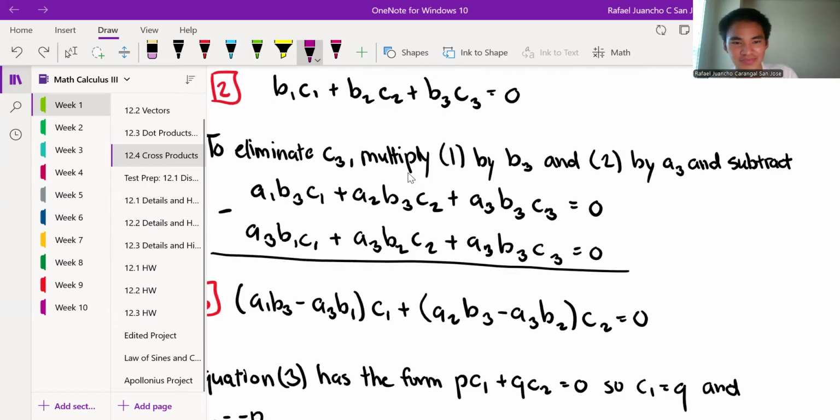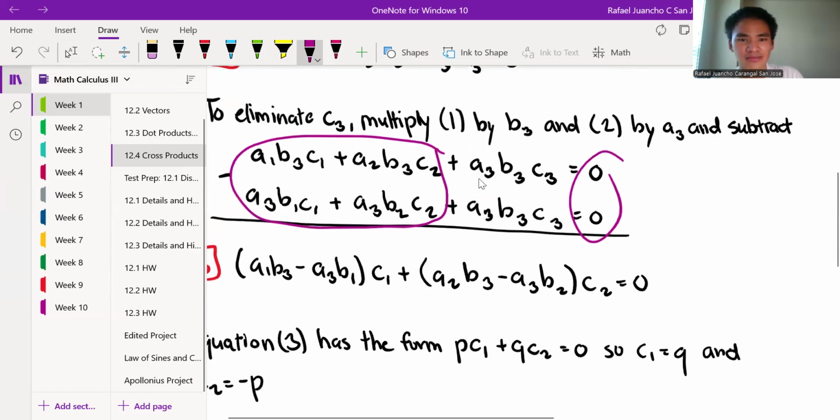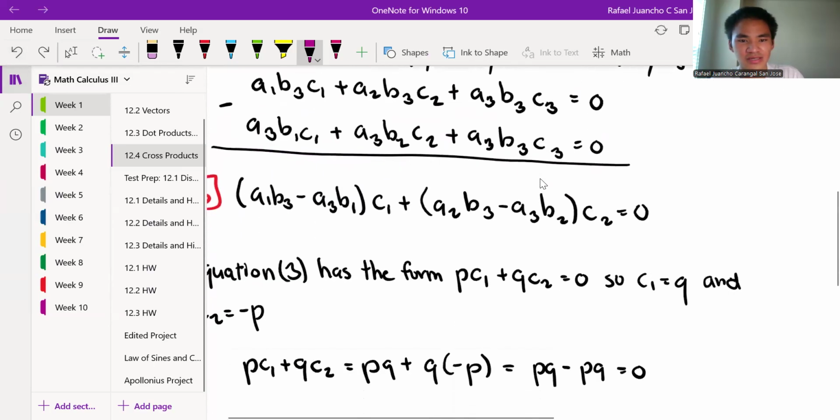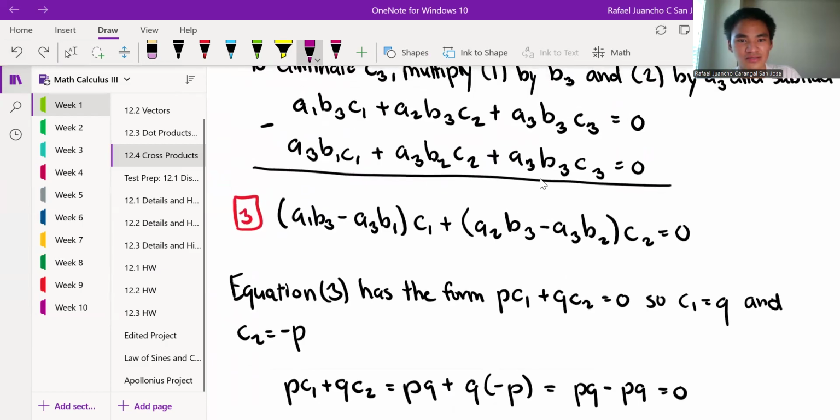As you can see, we multiplied B3 in the first equation and A3 in the second equation, and voila. If we subtract this, that's 0. So we're left with this and this. 0 minus 0 is 0. And then we can simplify, and we get this one.